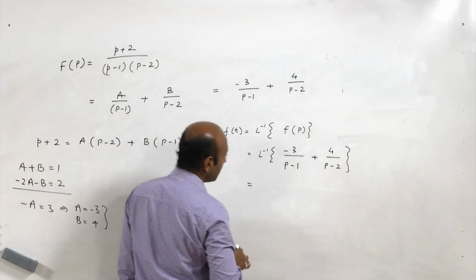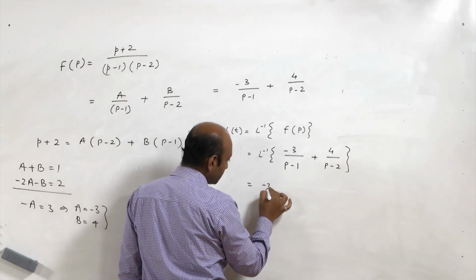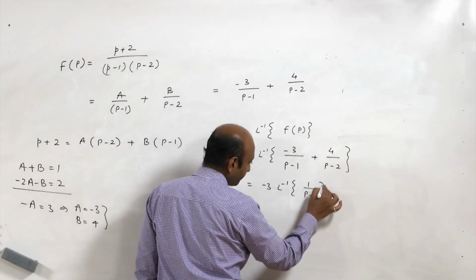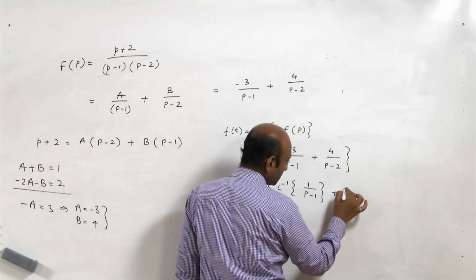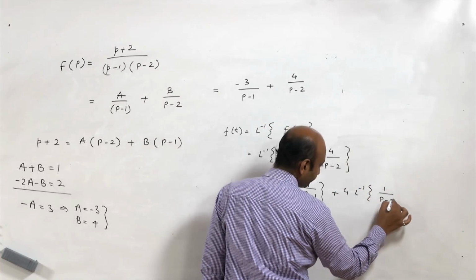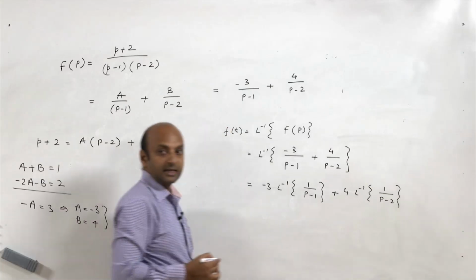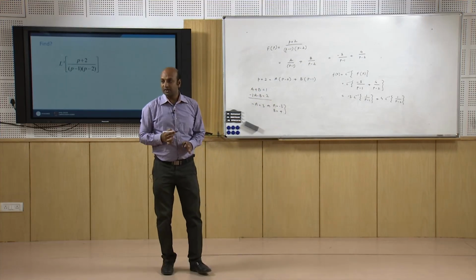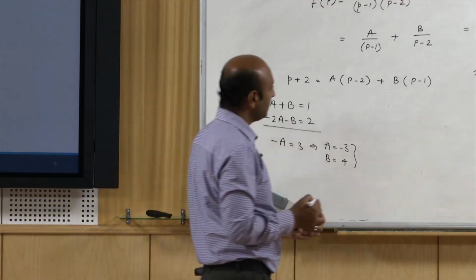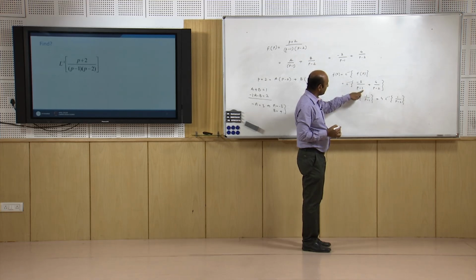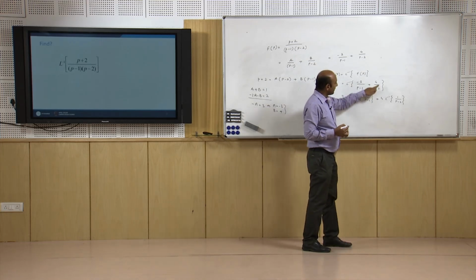So this is nothing but minus 3 times Laplace inverse of 1 upon (p minus 1) plus 4 times Laplace inverse of 1 upon (p minus 2). This is again by the linearity property of inverse Laplace transforms, so we can write f(t) as minus 3 times Laplace inverse of 1 upon (p minus 1) and 4 times Laplace inverse of 1 upon (p minus 2).